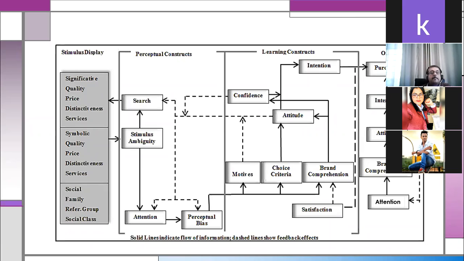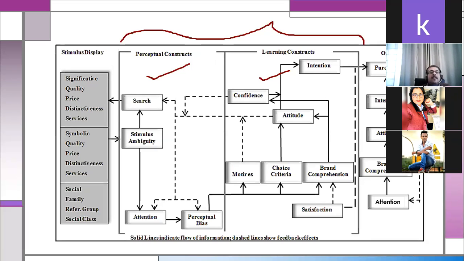Sir, in that, inputs were not classified into significative, symbolic or social, and the processing part was not split into two parts: the perceptual and learning constructs. That is the difference. Correct. So the main difference is here. In the processing, there we had only one process. Here we have two processes. One is perceptual constructs and one is learning constructs. Very right. Very clear distinction.